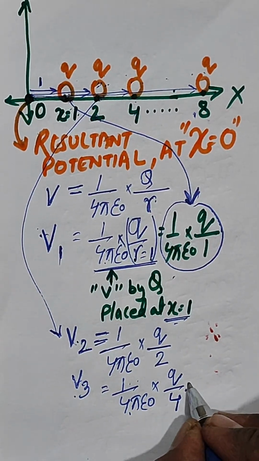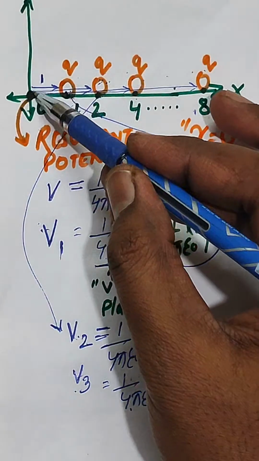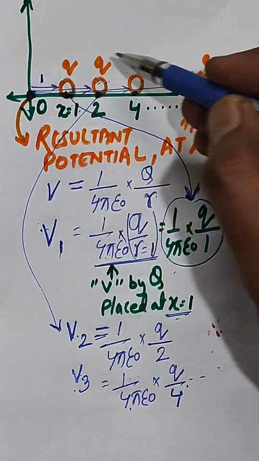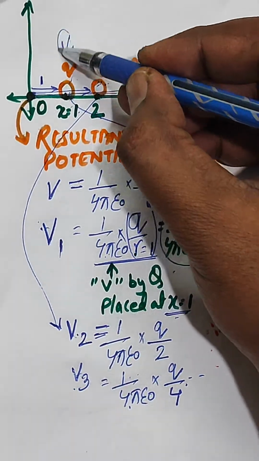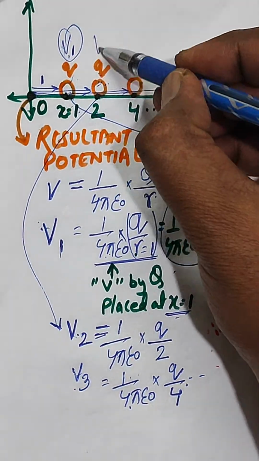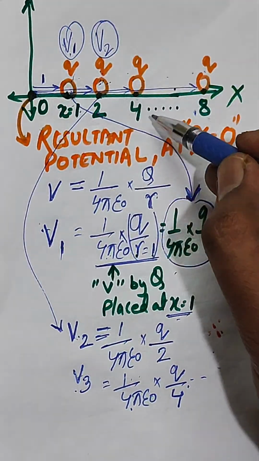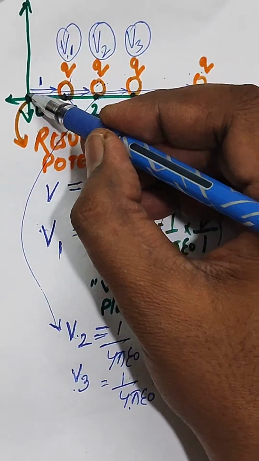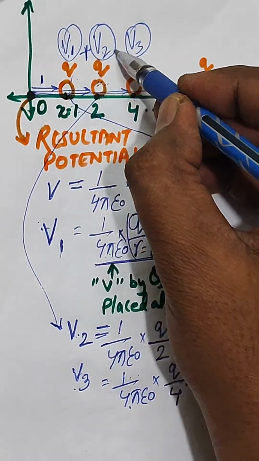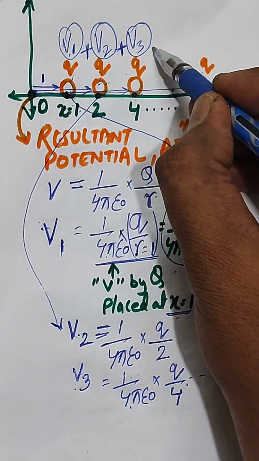So you can see, my dear friends, the total potential at the origin will be the potential generated by the first charge, that is v1, due to the second charge v2, due to the third charge v3, and this is v4 for the fourth, and like that till infinity. We need to add all these potentials together, because the magnitudes will be added.